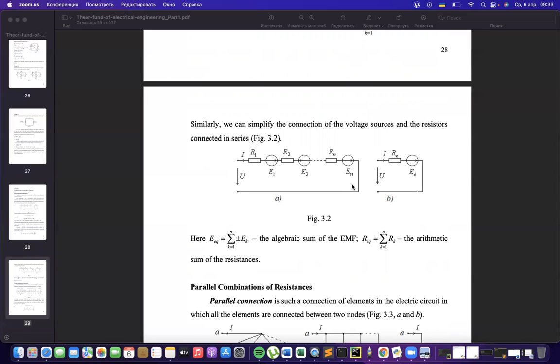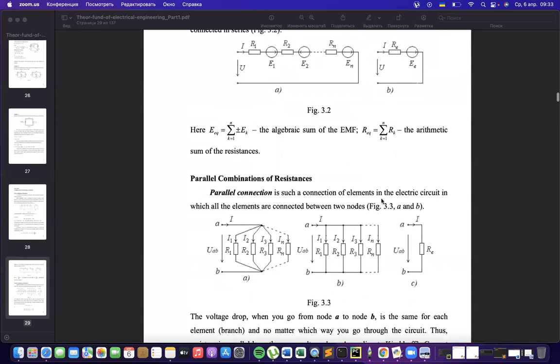If the current is the same, we could add all sources, depending on the direction, positive or negative, and we could add all resistors as the arithmetic sum of all previous elements. And instead of a mathematical model with lots of elements, we could substitute it with only two elements, one for sources, one for consumers.